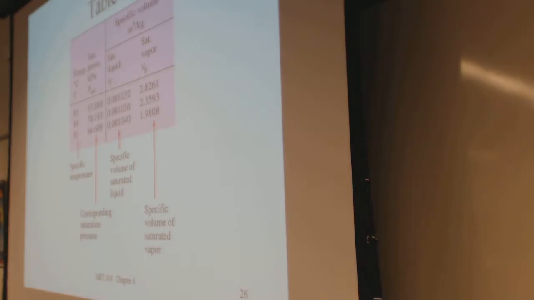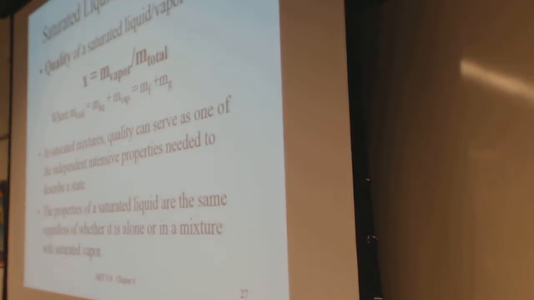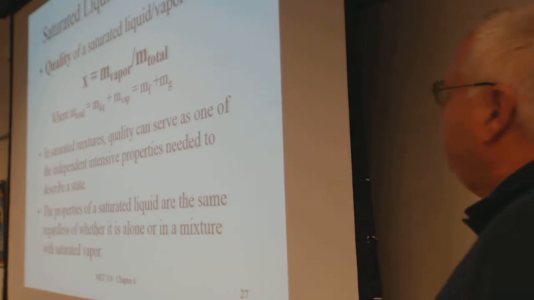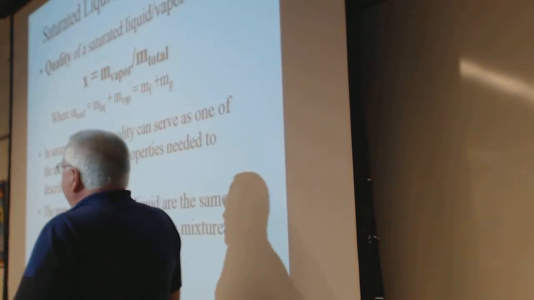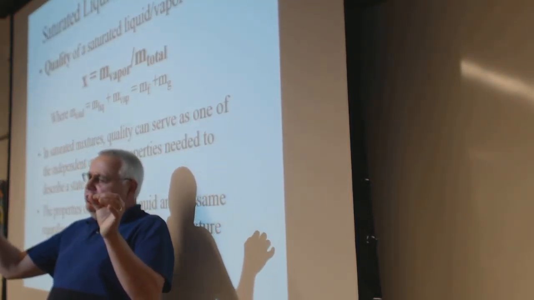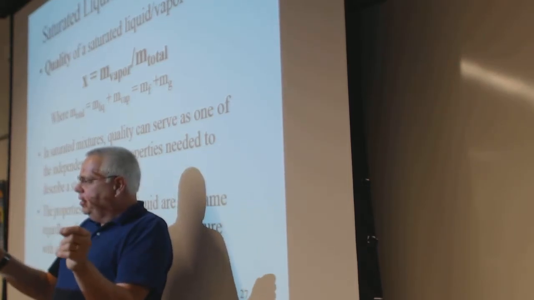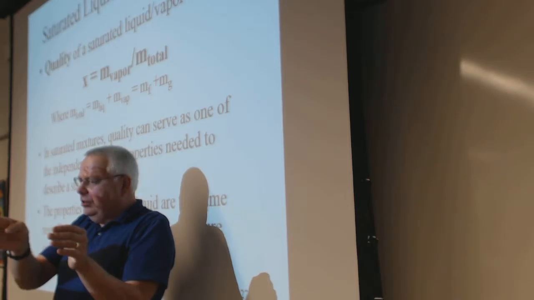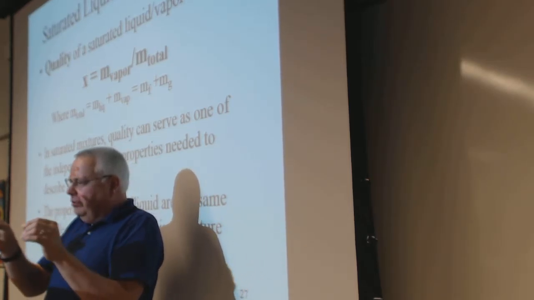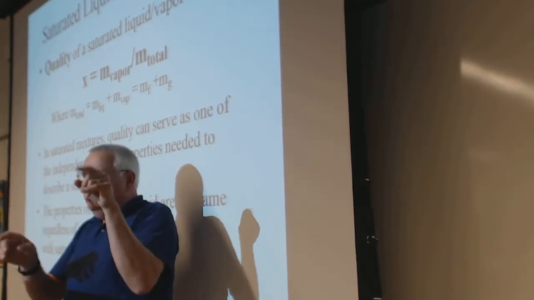Yeah, we'll talk through this. Here's another property. If you're somewhere between saturated liquid and saturated vapor, you have to define where you are. Did half of the mass of the liquid turn into a vapor?